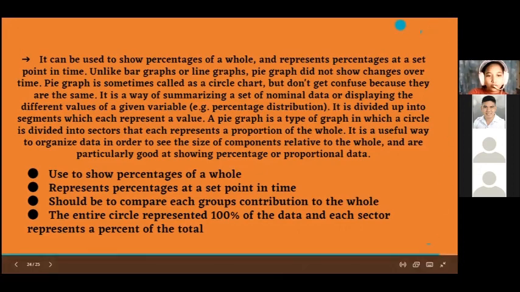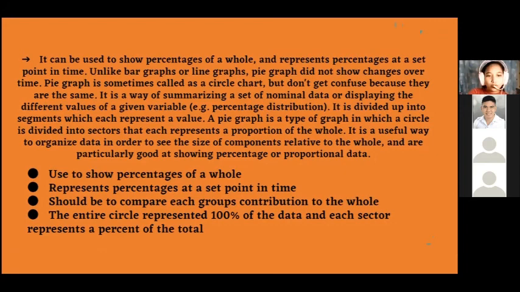Pie graph is sometimes called a circle chart, but don't get confused because they are the same. It is a way of summarizing a set of nominal data or displaying the different values of a given variable. Example is percentage distribution. So it is divided up into segments which each represent a value.